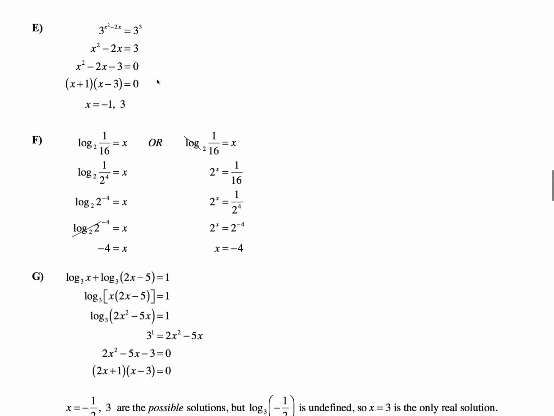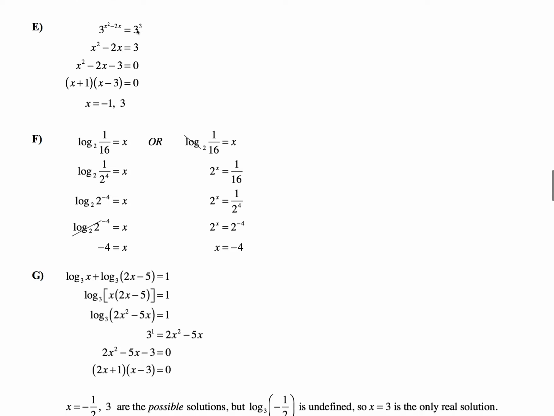Now, next equation, 3 to the x squared minus 2x is equal to 3 cubed. I can hardly believe that I gave a question where the bases were already the same.